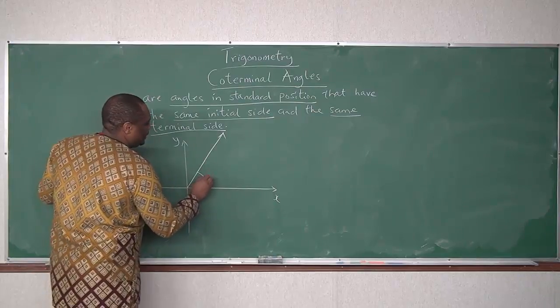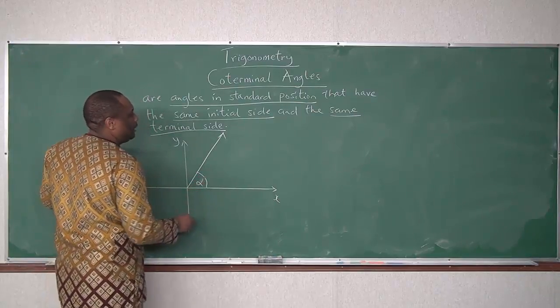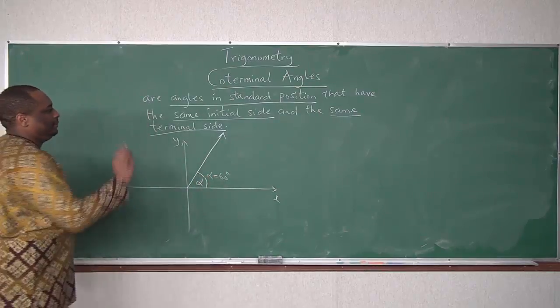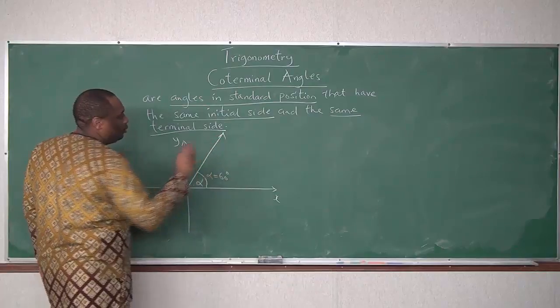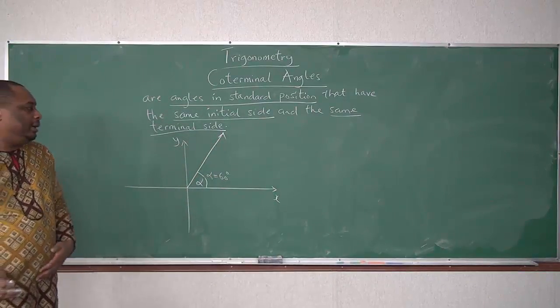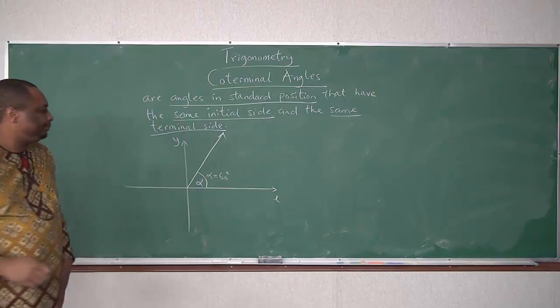Let alpha be 60 degrees. Now, in this video, we're still talking about degrees. Later we can talk about radians, but right now, we are still talking about degrees.